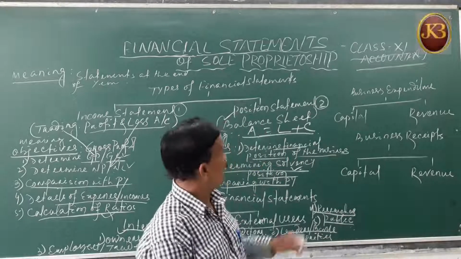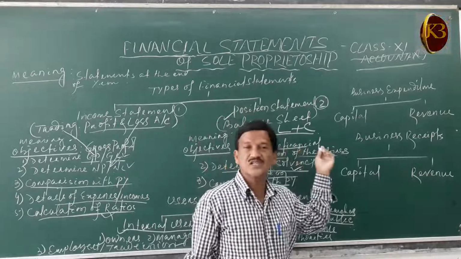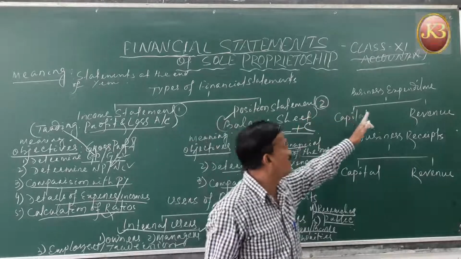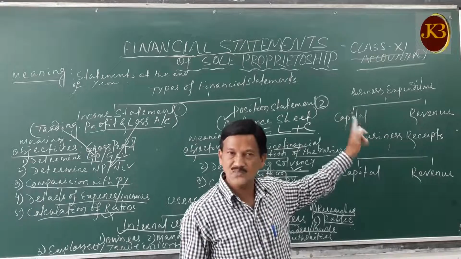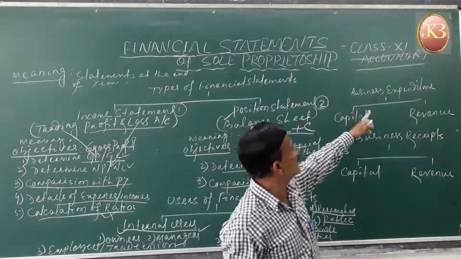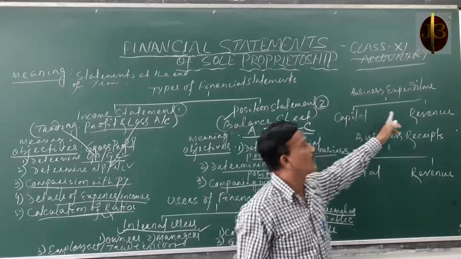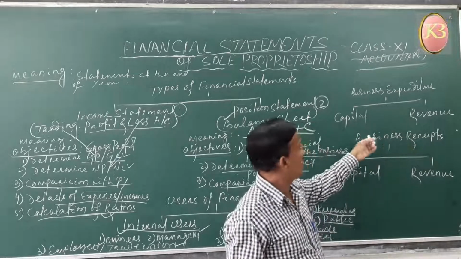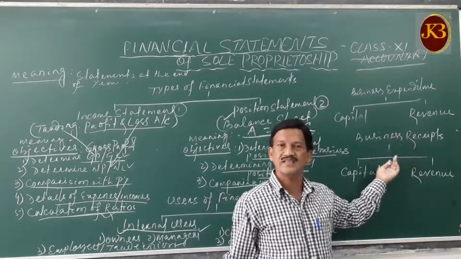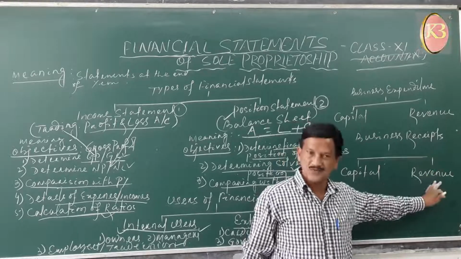But how will you prepare this? Before preparing the financial statement, you should be very clear about the business expenditures and business receipts. Business expenditure is classified into two types: capital expenditure and revenue expenditure. Likewise, business receipts or business income is classified into capital receipts and revenue receipts.